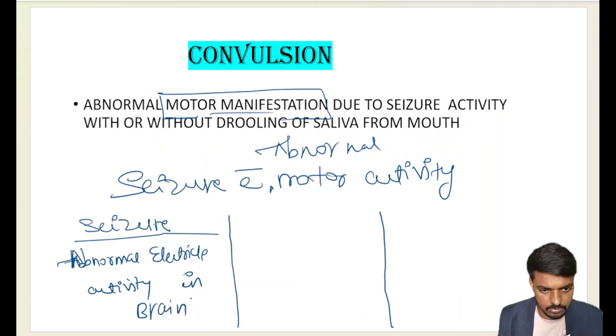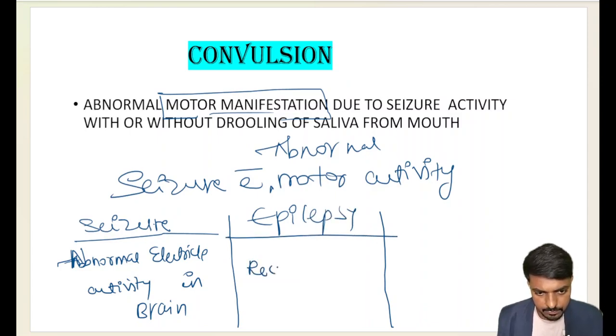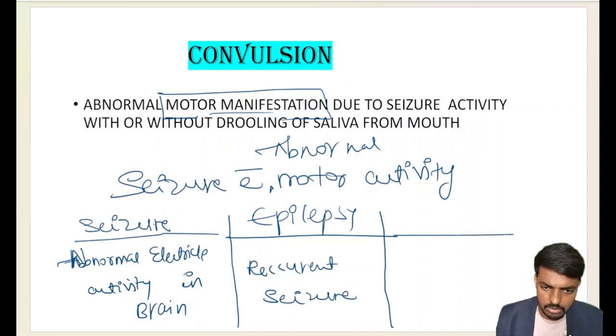What is epilepsy? Epilepsy is a recurrent seizure. Simply, the recurrent occurrence of the seizure is what we call epilepsy, or a repeated episode of the seizure is called epilepsy.